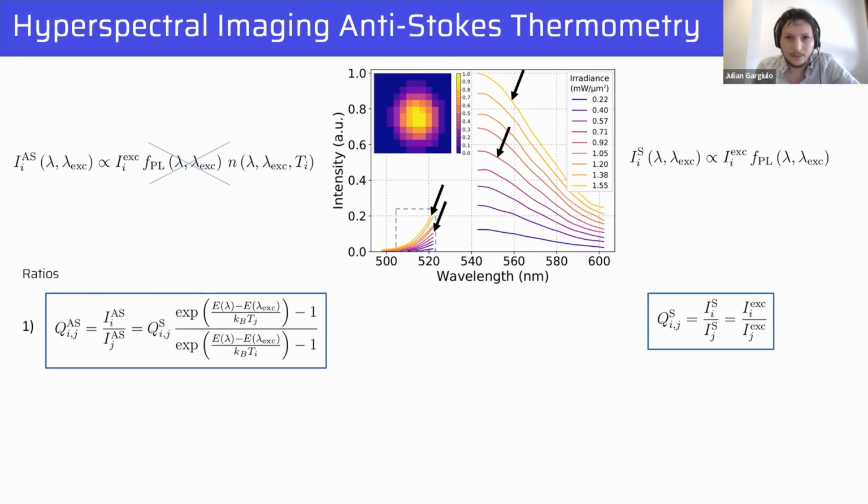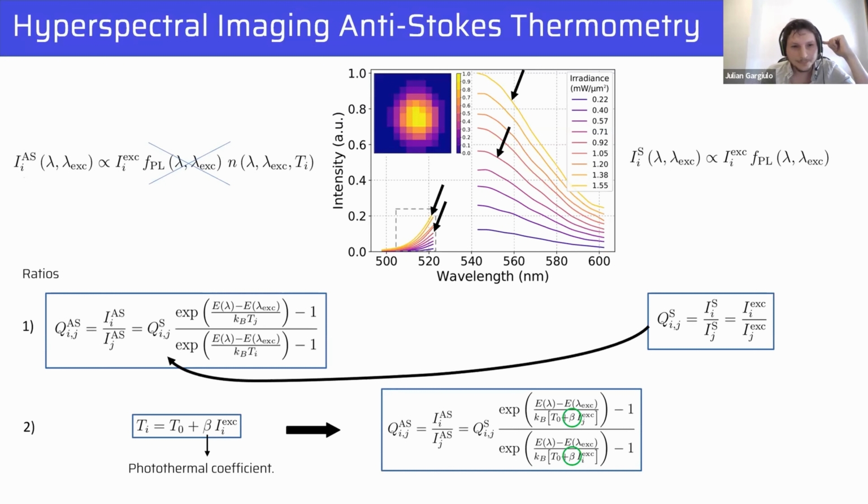Since we don't know it, we calculate ratios between two different spectra. When we calculate the ratios between two spectra, this factor cancels out, and all we have left is the ratio between the Bose-Einstein distributions. Then we have another hypothesis, the one I said before, that the temperature increases linearly with the intensity. And then we get this expression that might look complicated, but it actually has a single free parameter, the photothermal coefficient.